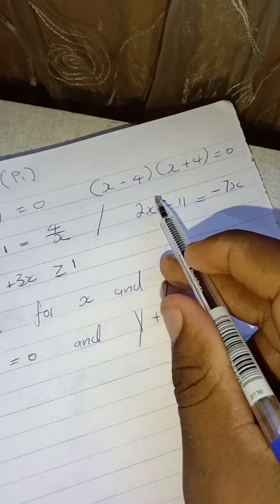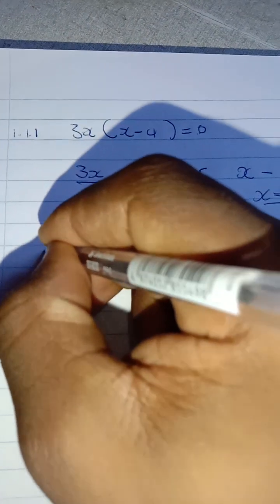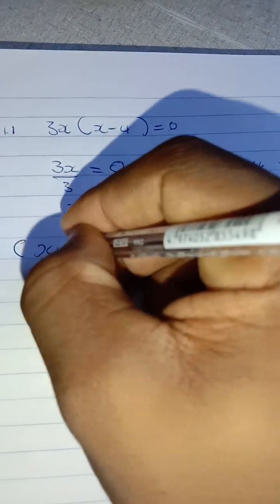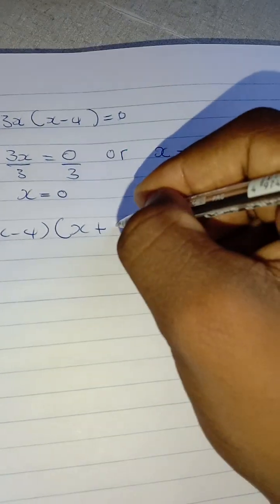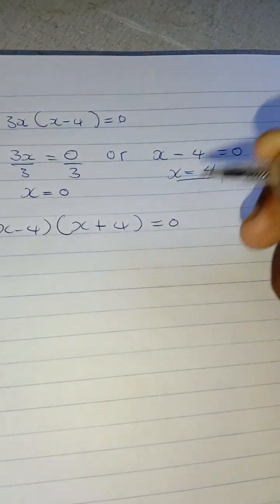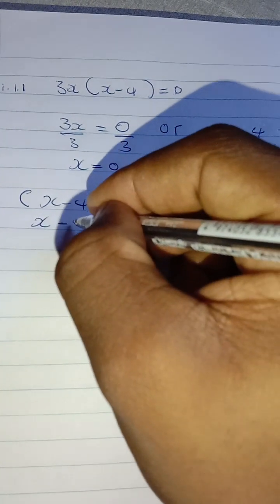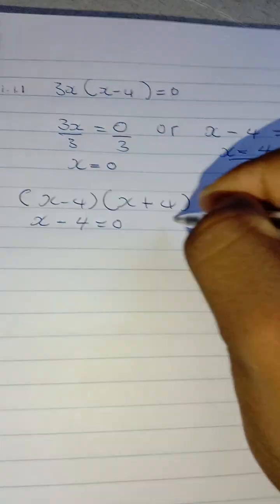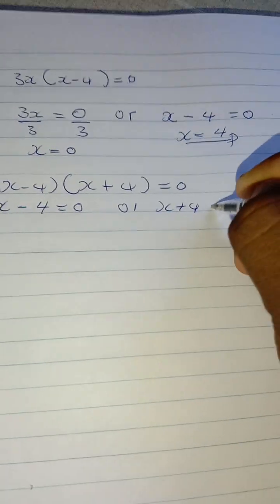Sometimes it could come in this format. So we have bracket x minus 4 and then x plus 4 is equal to 0. The only thing you do here is just equate each bracket to 0. x minus 4 is equal to 0, or x plus 4 is equal to 0.